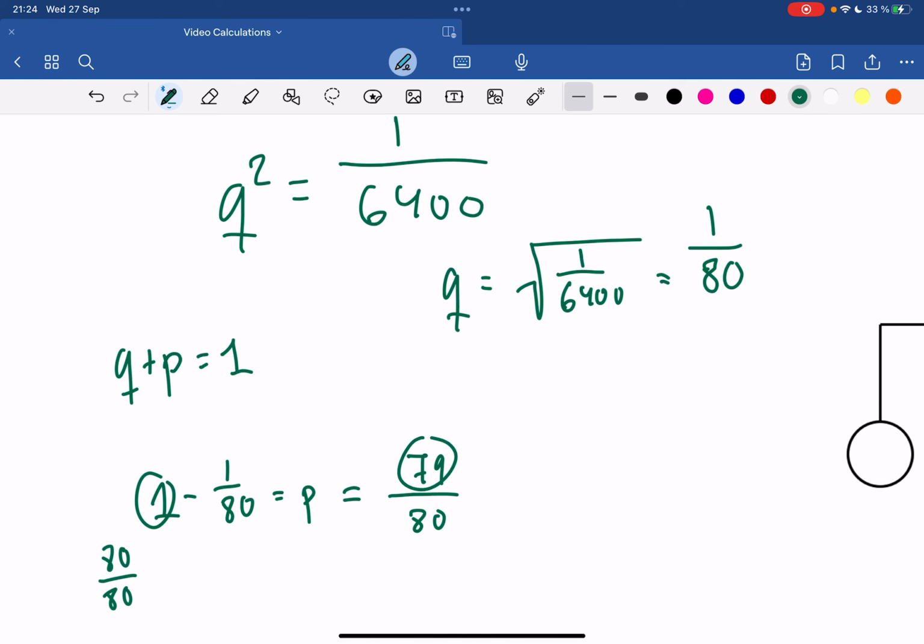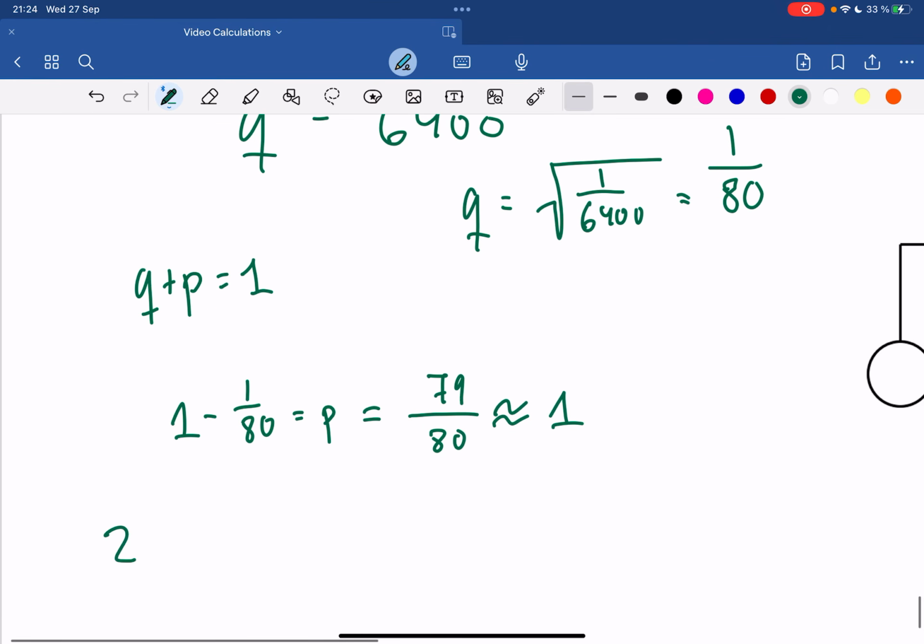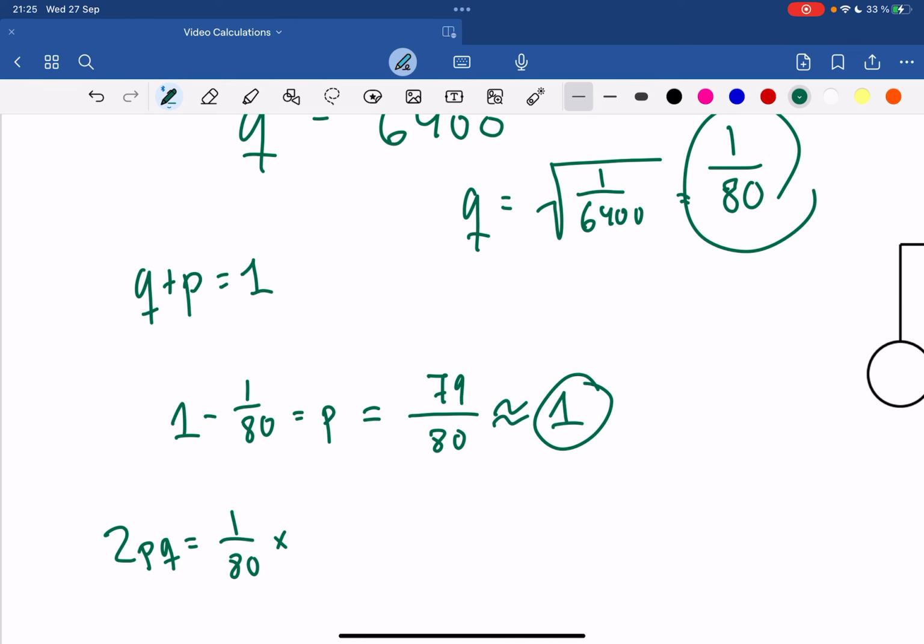That's why it's 79 and not anything else. Which is approximately 1. Remember, P is almost always approximately 1. So 2PQ equals Q times P times 2, which equals 2 out of 80, and that can be shortened to 1 in 40.